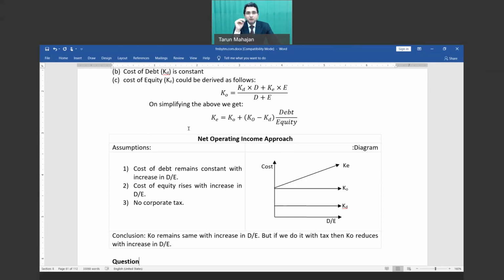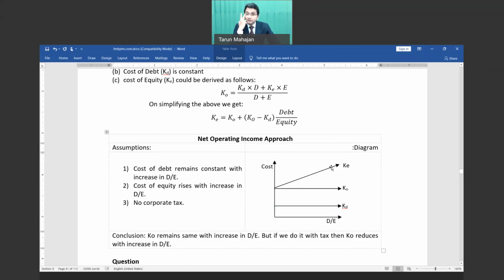What are the assumptions of the net operating income approach? It says that your cost of debt remains constant with an increase in the debt equity ratio. If the debt equity ratio increases, your cost of debt remains the same. But the cost of equity doesn't remain the same.